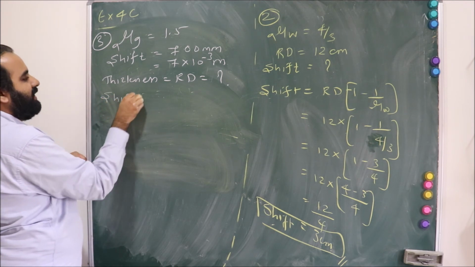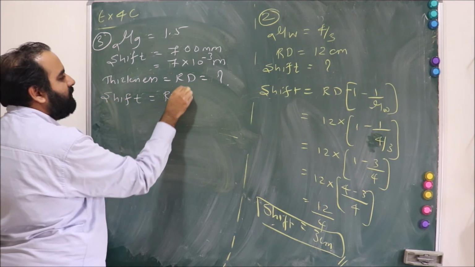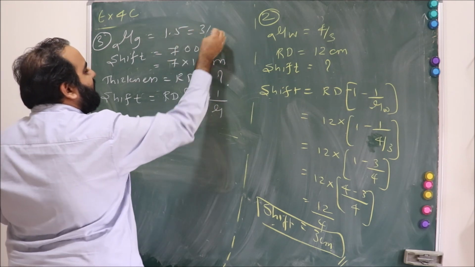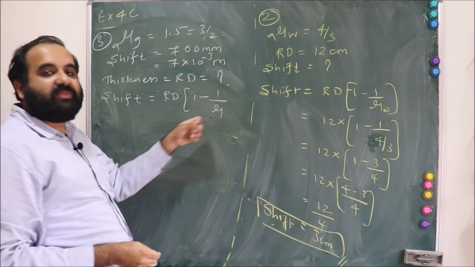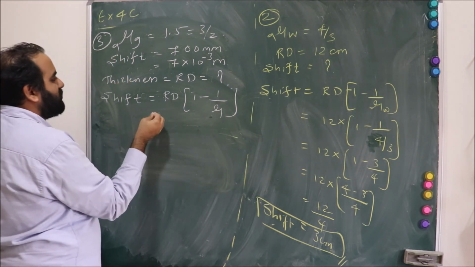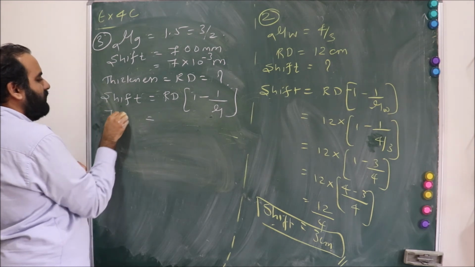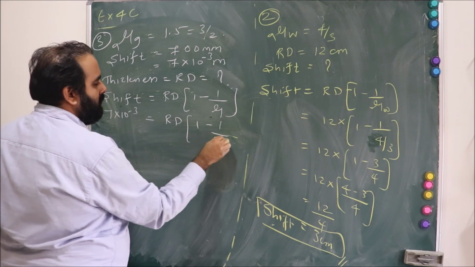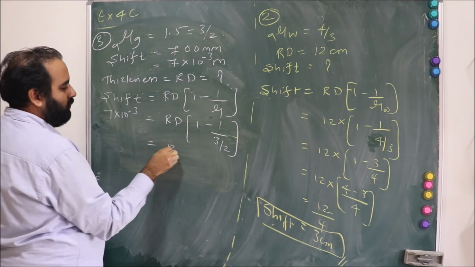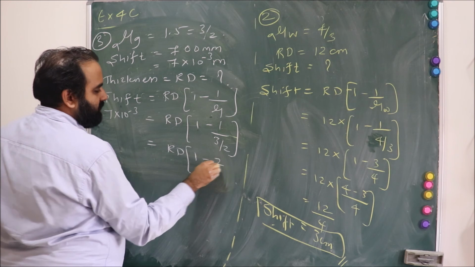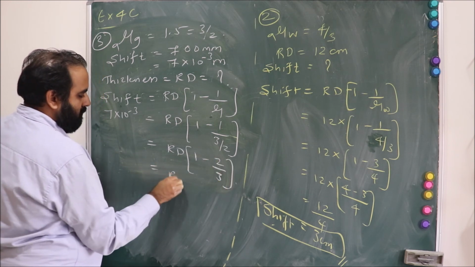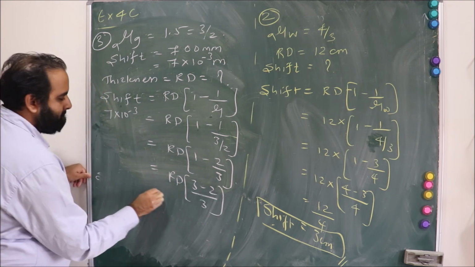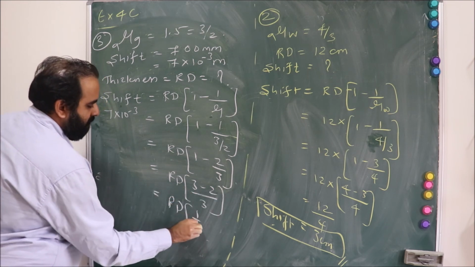So never mind, I have a formula. Shift is real depth into 1 minus 1 upon mu. So this 1.5 I will take as 3/2 now, because it will be easy for me to solve the fractions over here. Shift is given as 7 into 10 raised to minus 3. Real depth I have to find out, into 1 minus 1 upon 3/2. So this becomes 2/3. 3 minus 2 upon 3, that is 1 upon 3.